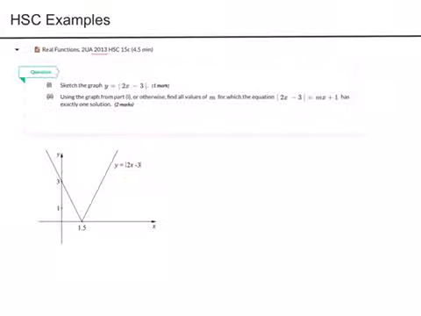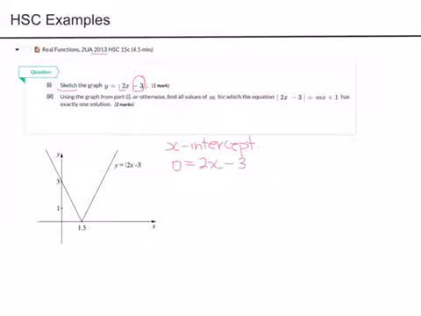For the first part, we can see that again they've asked us to sketch an absolute value function, but this time not only have they shifted the function to positive 3 on the x-axis, they have also changed the gradient to 2. So that is going to affect how far you shift your graph. The best option here is to work the algebra and substitute in y equals 0 to obtain the x-intercept.